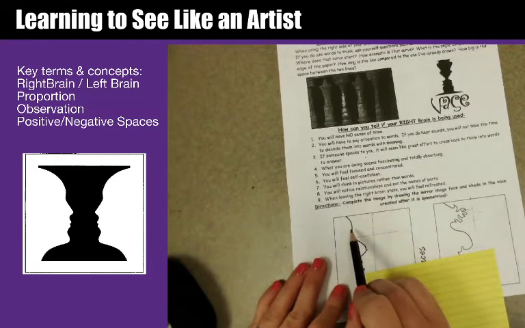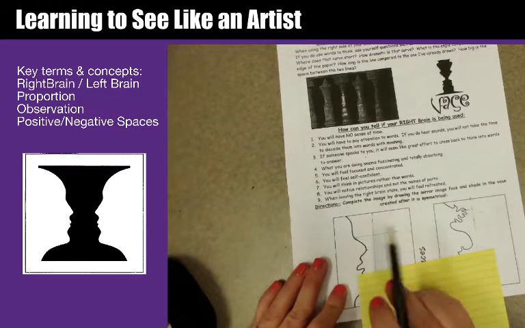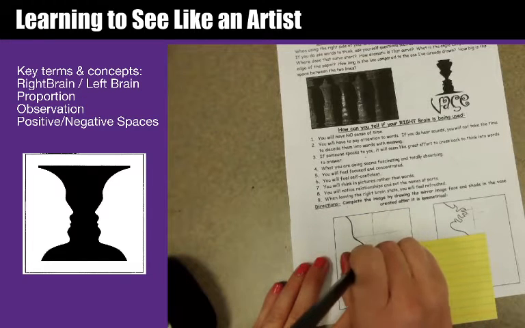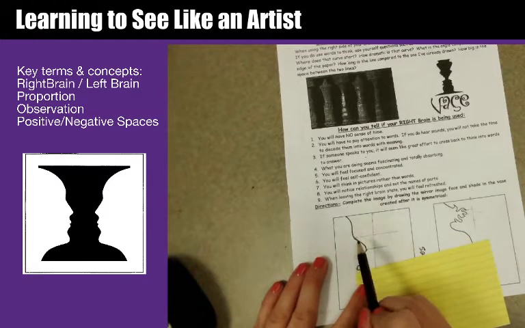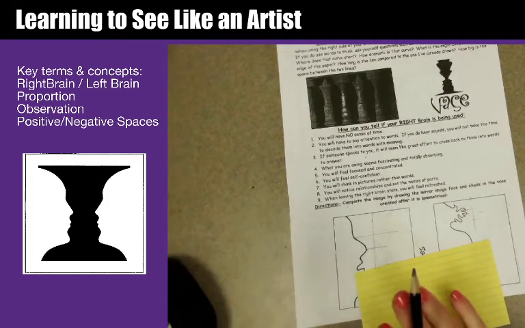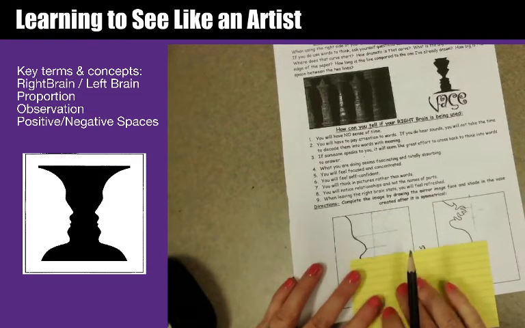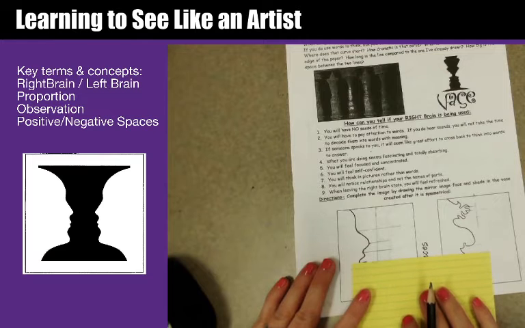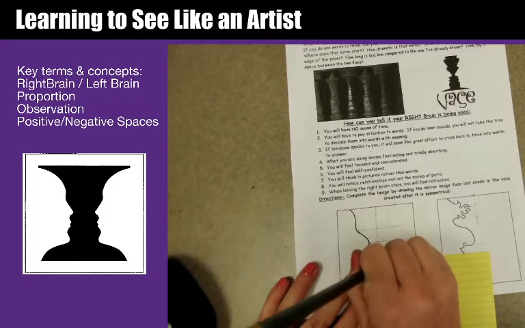So there is kind of where that curve moves outward. I'm going to start thinking in directions now, outward and inward. So out towards the middle, or in towards the middle, out towards there. You can just, however it works for you, do that. This one is pretty tricky.